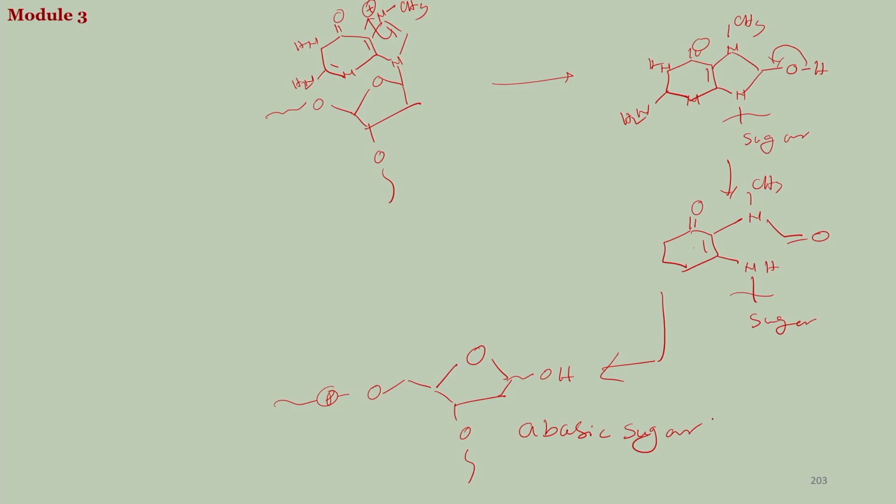Abasic means sugar and no base. Sugar without the base is called the abasic site. Once you get the abasic site, then in piperidine what happens, it gets oxidized, and that will basically open up, it will make the cleavage of the 5' end.